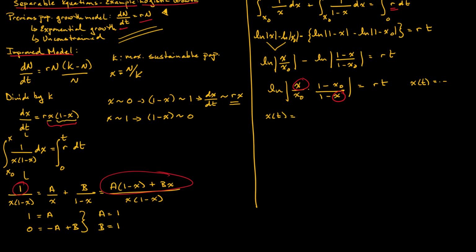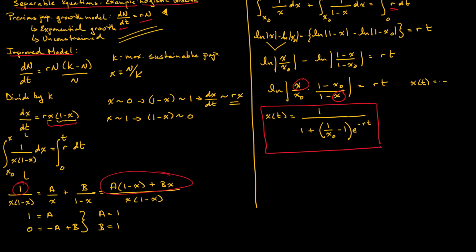So the final solution here is x of t is equal to 1 over 1 plus 1 over x naught minus 1 multiplied by e to the negative rt. And this is our solution, and this is what we call logistic growth.